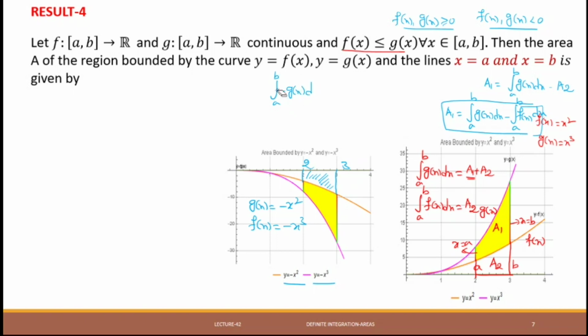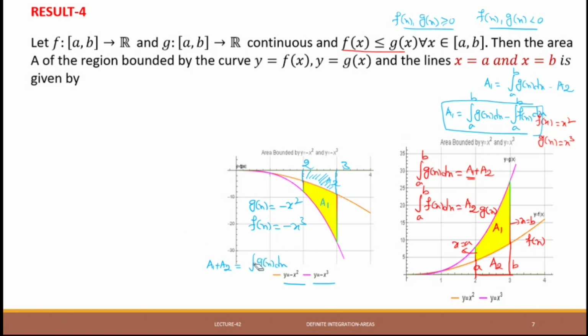Let me write it here. So that is given by the area a1 plus a2. So this is a1 and this is a2. So area a1 plus a2 is equal to what? Integral minus g of x dx.